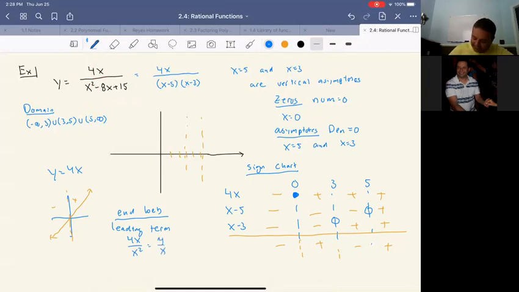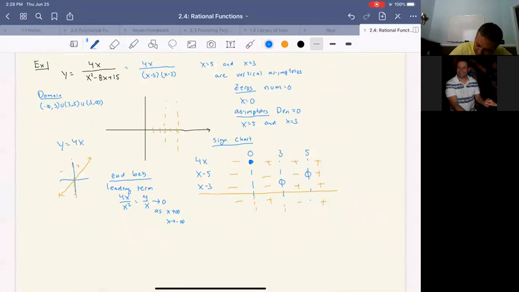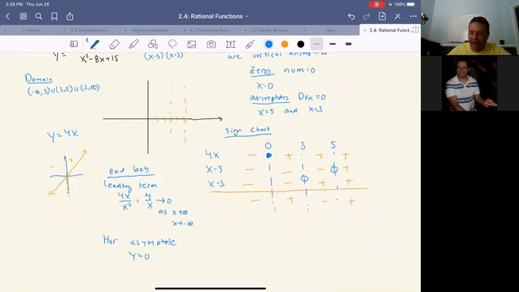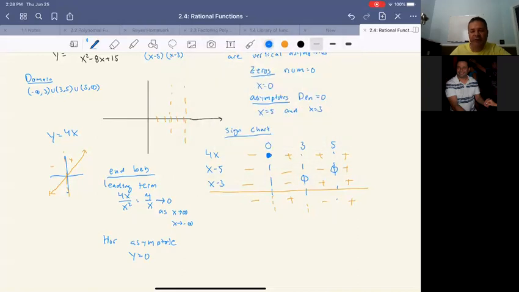But 4 over x goes to 0 as x gets bigger. So I have a horizontal asymptote of y equals 0. Okay, so now we have everything we need to graph this thing.